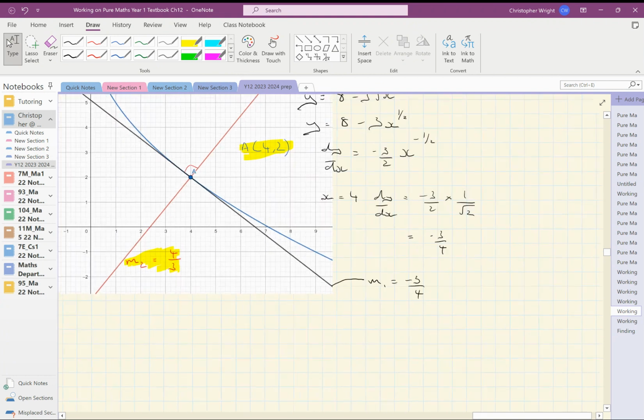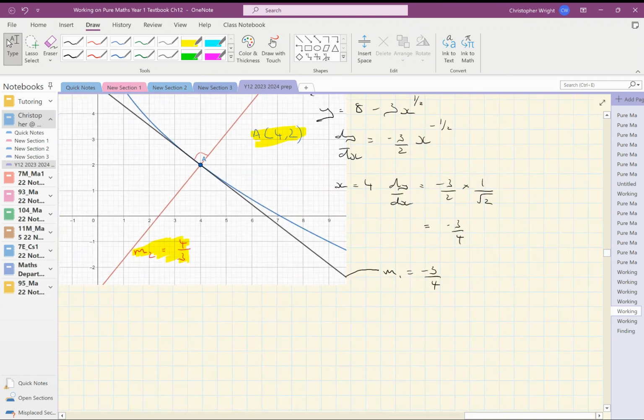So I can find the equation of the normal to the curve at that point. y minus y1 equals m times (x minus x1). y minus 2 equals 4 over 3 times (x minus 4).